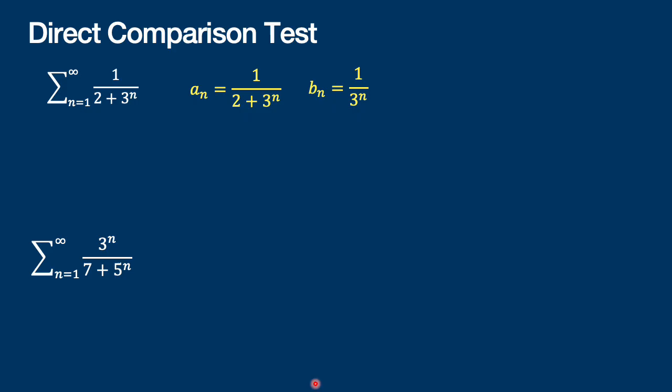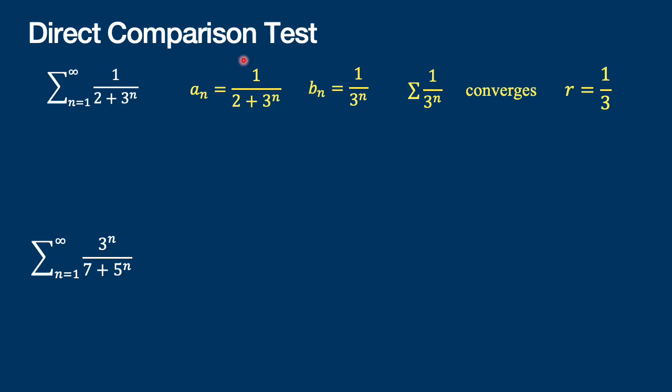So let's check this infinite series. 1 over 3^n is a geometric series. The ratio is going to be 1 over 3. That converges because the ratio is between negative 1 and positive 1. That's why this series is going to converge.